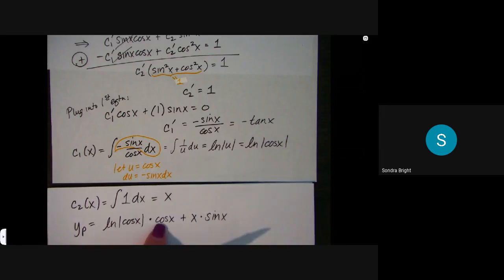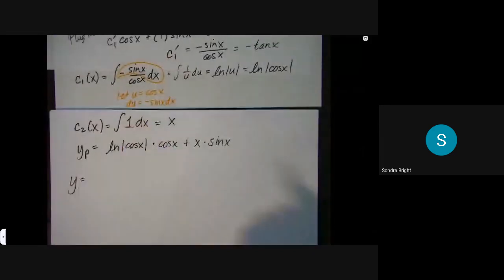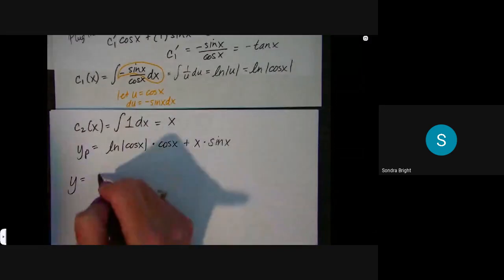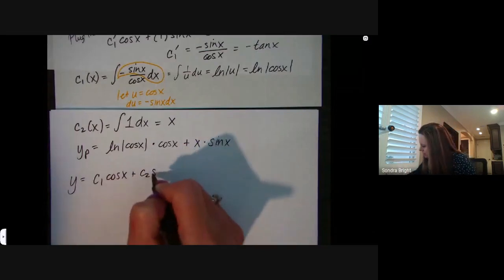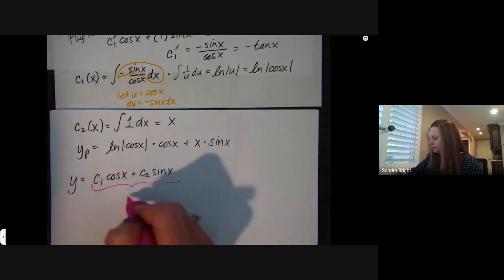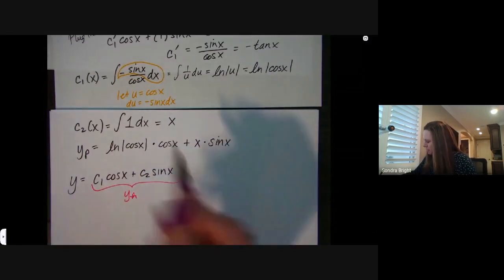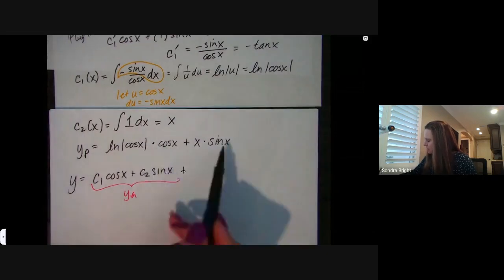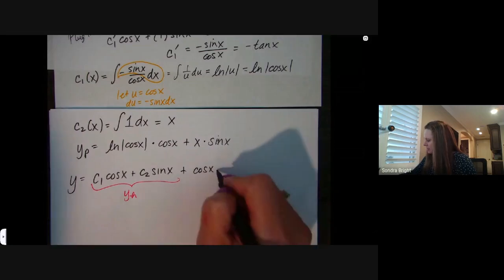All right, so your solution is the homogeneous part, which we said was c1 cosine of x plus c2 sine of x, and then plus the particular part, which we said was this, but I'm going to throw that cosine of x in front of the natural log of the absolute value of cosine of x, and then plus x times sine of x.